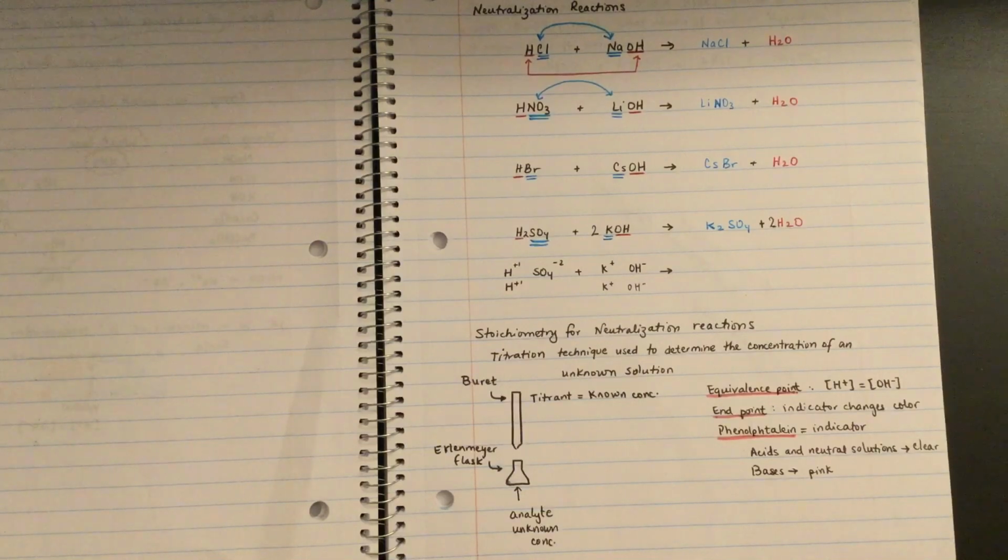The H plus from your acid is reacting with the hydroxide from the base, giving you water molecules. So if you start with an acidic pH and you're adding a base, your pH is going to start increasing, moving towards 14, the highest number that you have in your pH scale. Okay?